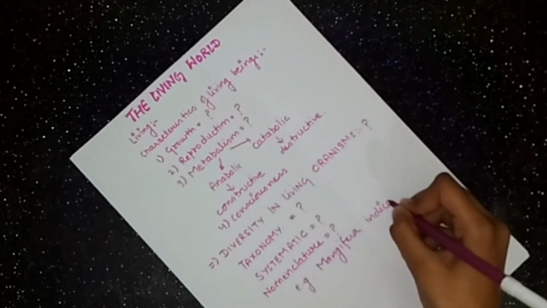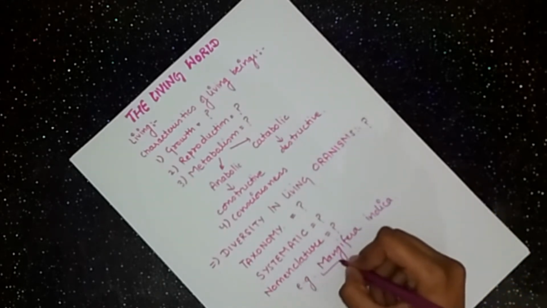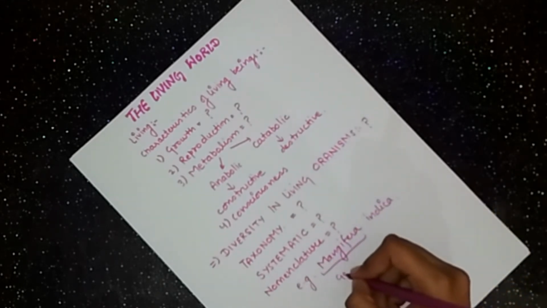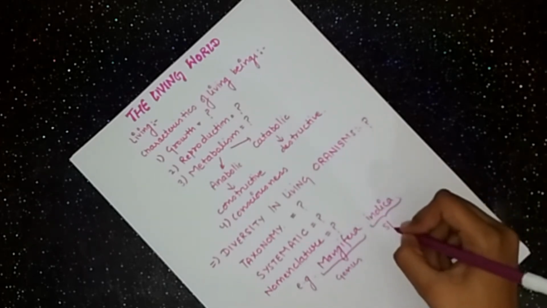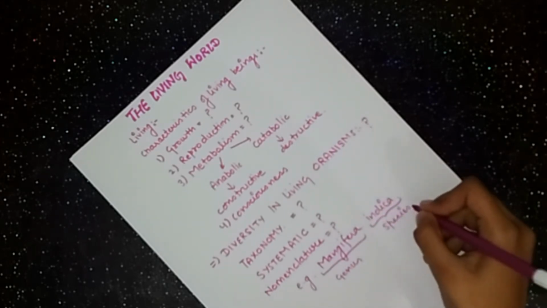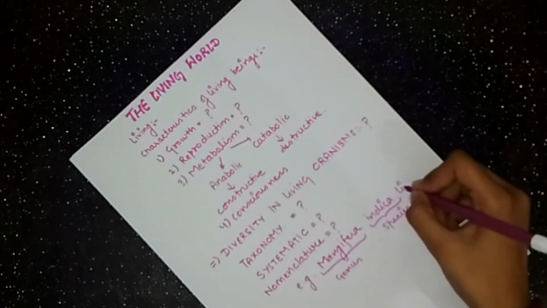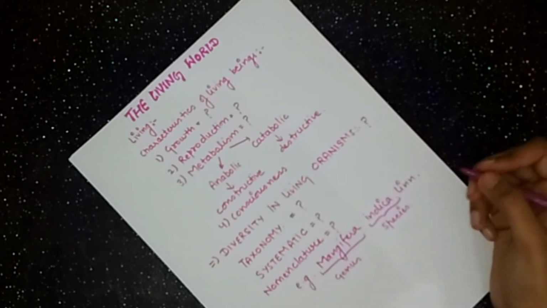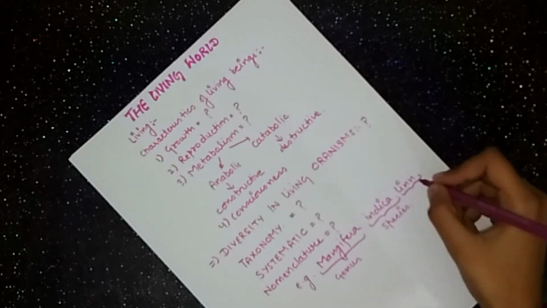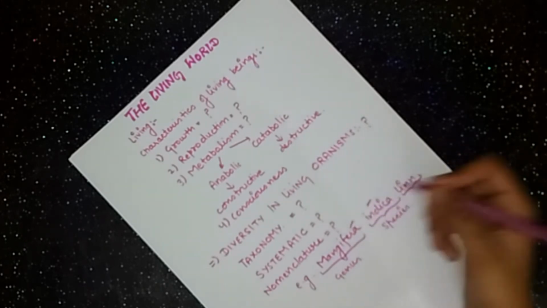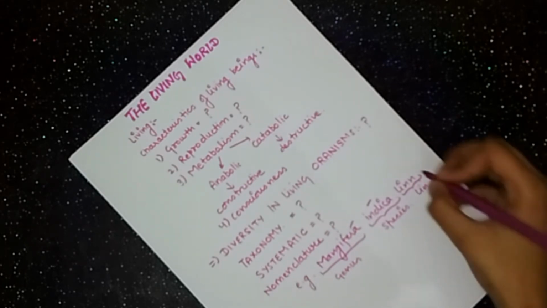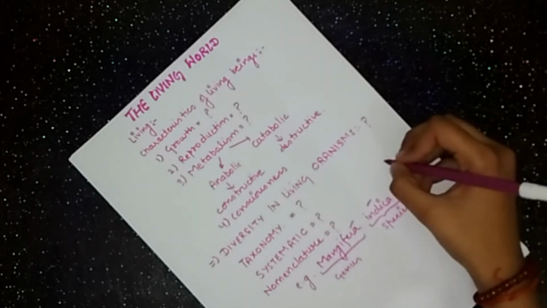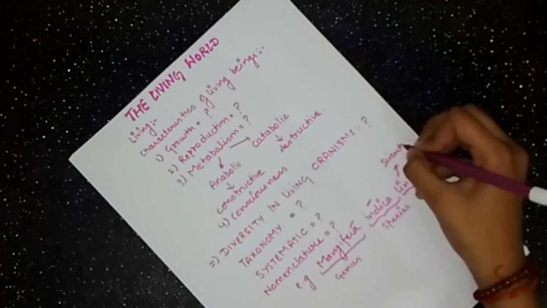Here you can see that Mangifera is the genus and indica is the species. And here Linn. means that this binomial nomenclature was given by the scientist Linnaeus. Here you can write the scientist name.